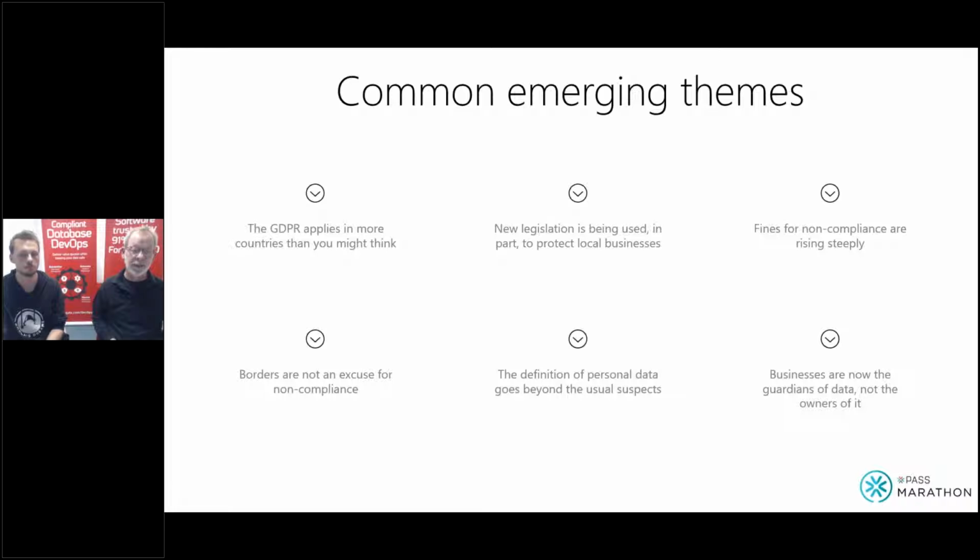Number five, the definition of personal data goes beyond the usual suspects. The GDPR included biometric data and identifiers like IP addresses. That's being copied. China expects web browsing histories to be protected.